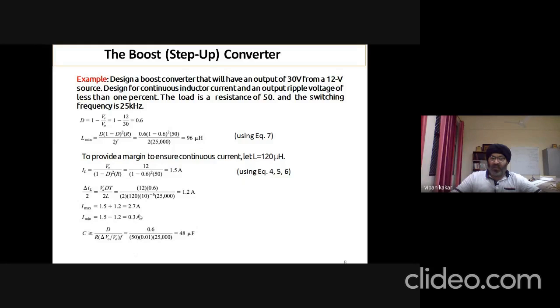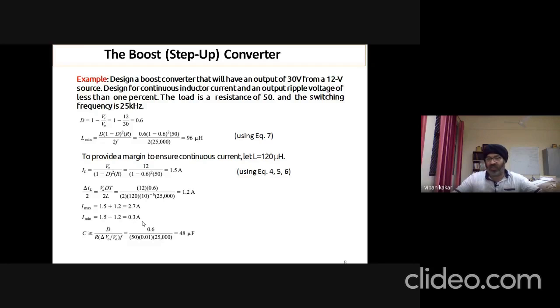Based on that, if I minimum is 0, then the continuous inductor current we want to ensure is not there. So we cannot ensure a continuous inductor current if this I minimum is 0.